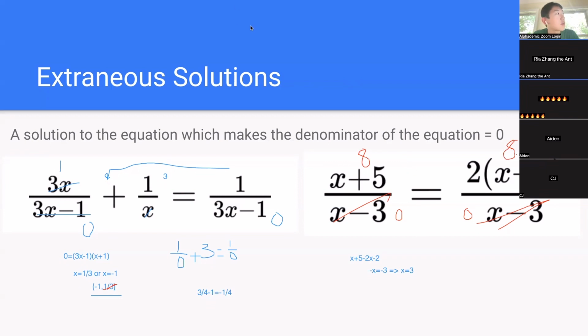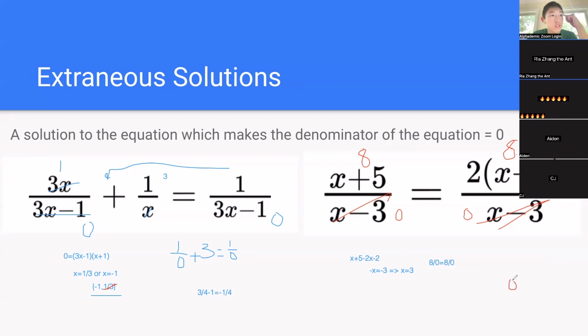Although it is equal on both sides, 8 over 0 is equal to 8 over 0. But as I've said before, you cannot have a fraction that has a denominator of 0. So in this case, the answer would be no solution.